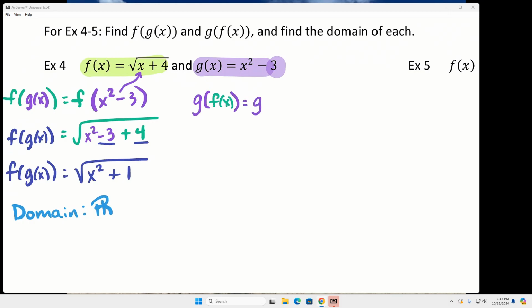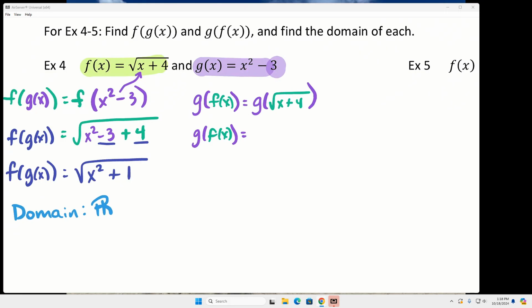Or g of f of x is this whole thing, so g of the square root of x plus 4. Alright, so what that means is we're going to take that square root of x plus 4 and we're going to put it in the place of x.